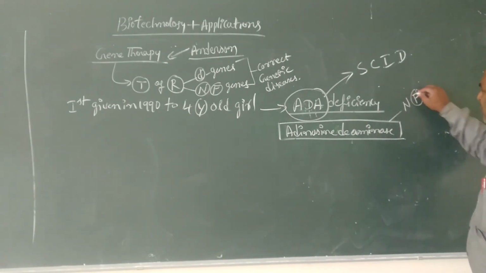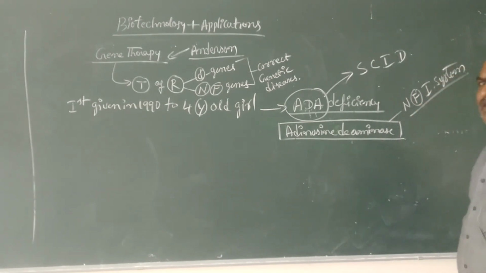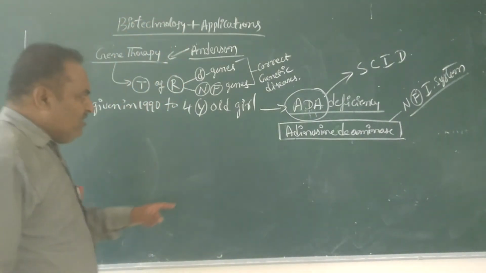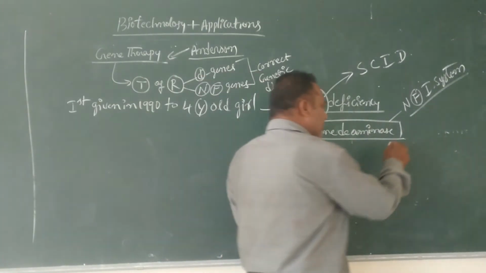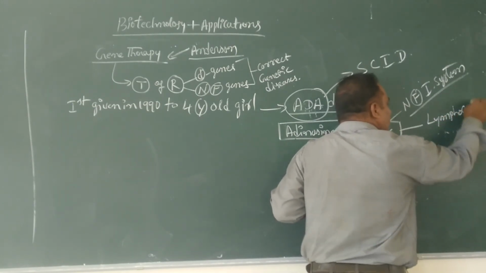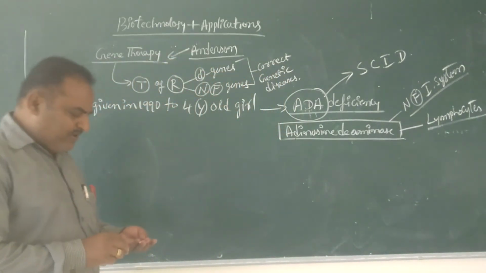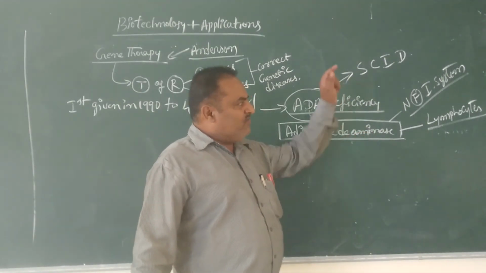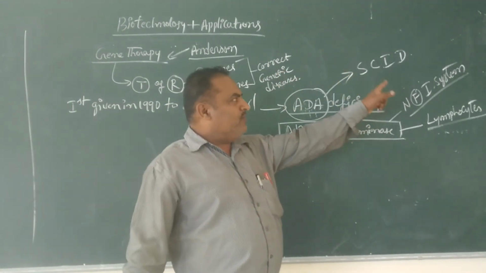normal functioning of the immune system, for the immune response, for the body's defenses. This enzyme is very necessary. It activates lymphocytes, which are a type of WBC. When lymphocytes are activated by adenosine deaminase, the person develops an immune system.